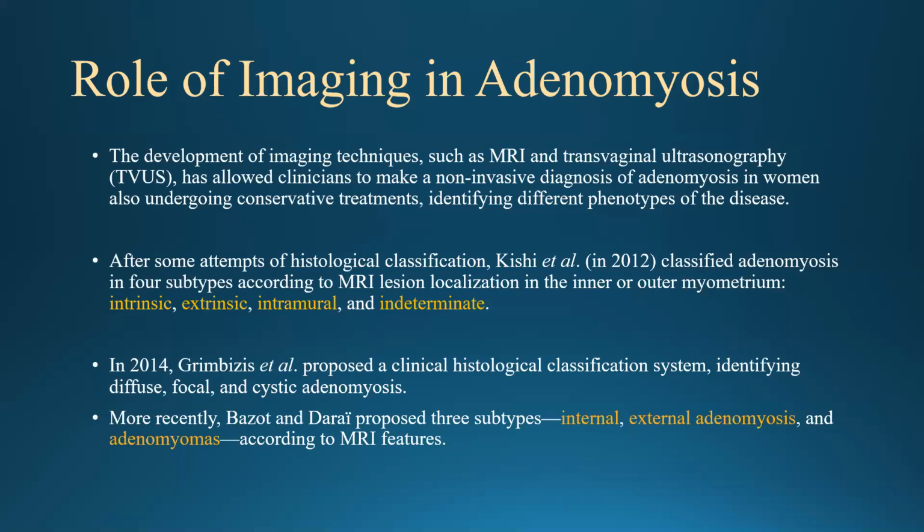So the development of imaging techniques such as MRI and transvaginal ultrasonography has allowed clinicians to make a non-invasive diagnosis of adenomyosis in women undergoing conservative treatments and identifying different phenotypes of the disease.